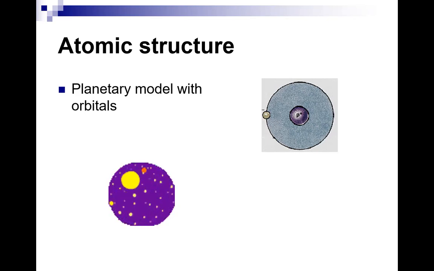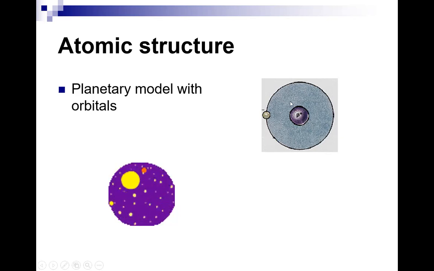Do electrons run around in these very specific tracks? No, in reality, they don't just go around in a ring like that. They're in a cloud-like structure, but that's a lot harder to represent and to think about when we're looking at atomic structure. So a lot of times they draw the planetary model, where here we can see hydrogen has one proton and one electron.